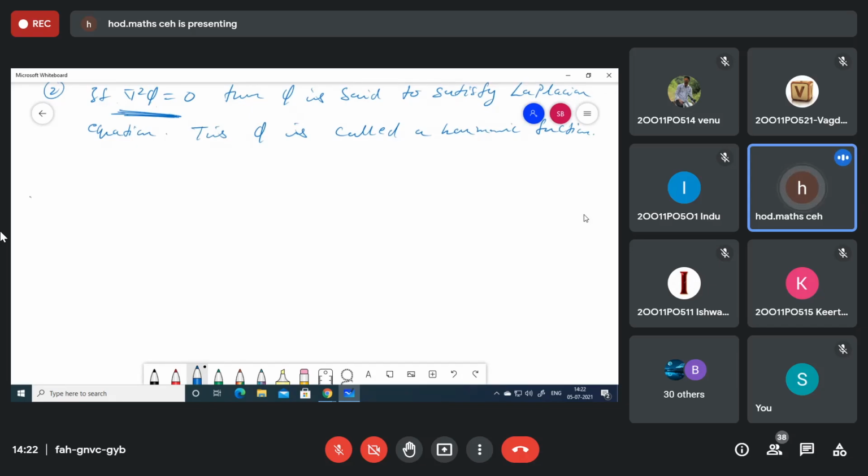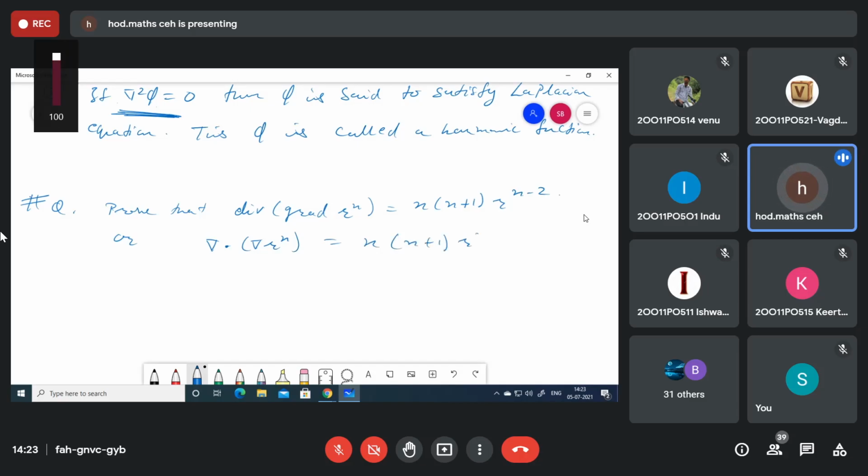Okay. So now the problems. You need to prove that divergence of gradient of r to the power n is equal to n into n plus 1 into r to the power n minus 2.